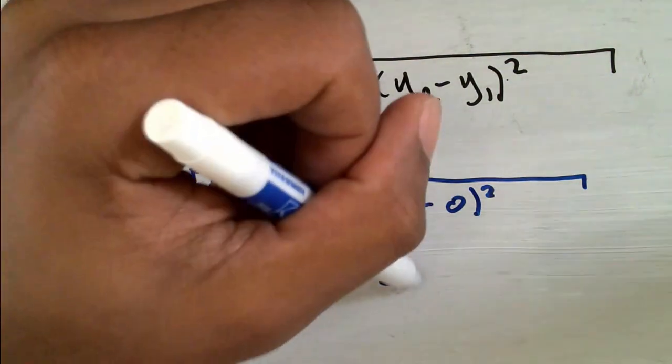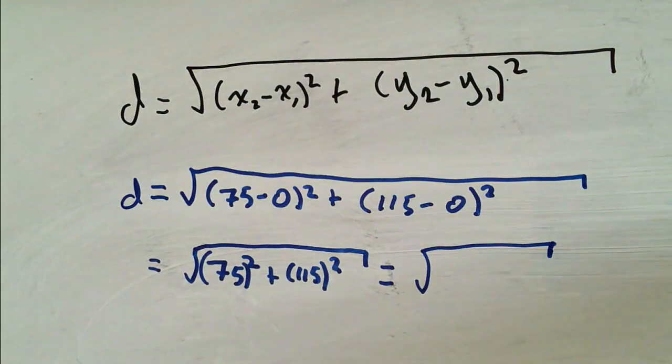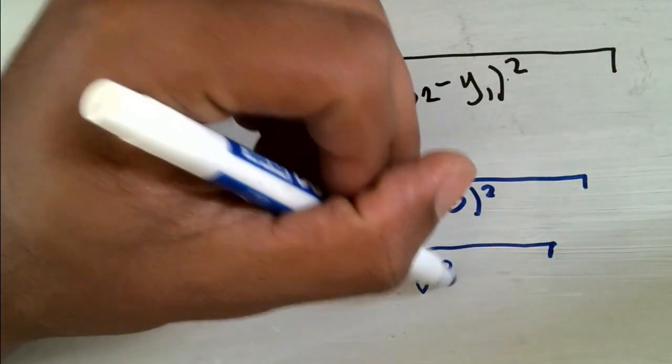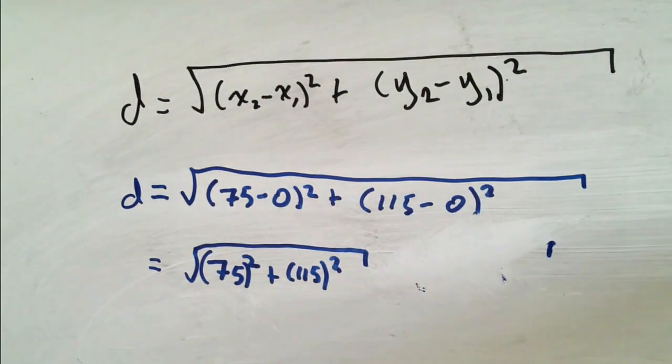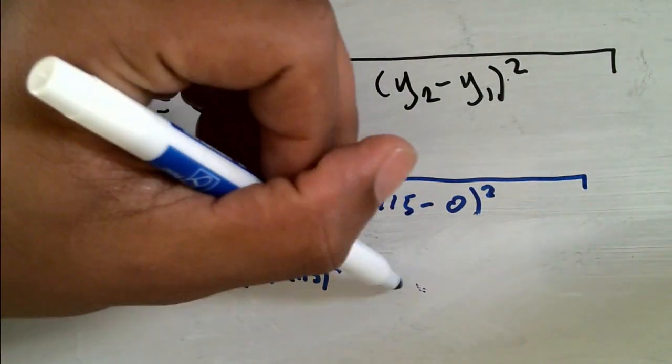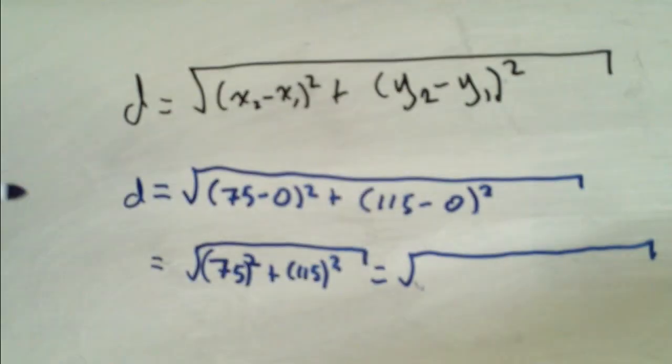And so if we plug in our numbers, the horizontal displacement is 75 yards minus 0 yards, which is where our left back is. So 75 squared is the horizontal displacement, and then 115 minus 0 just simplifies to 115.